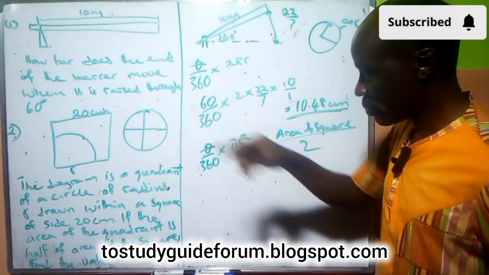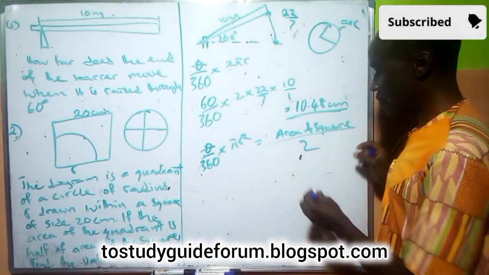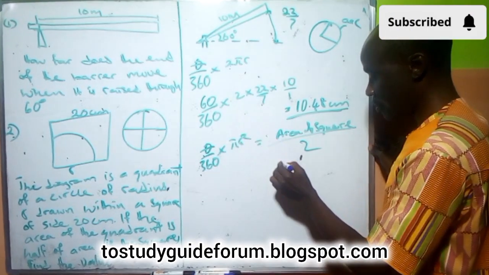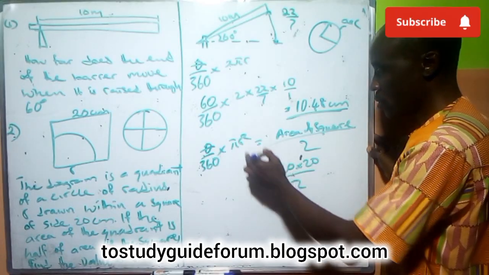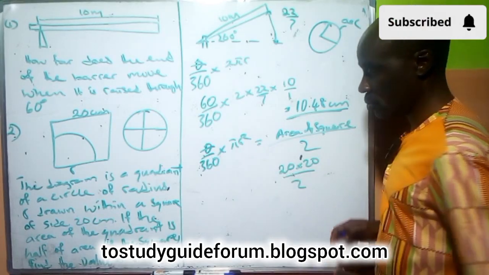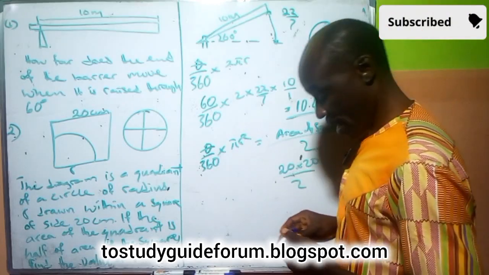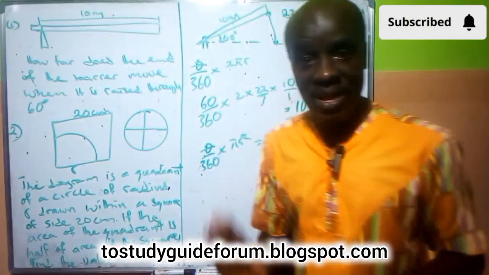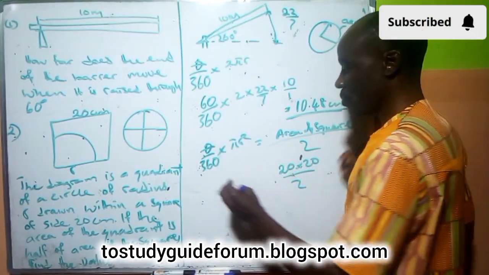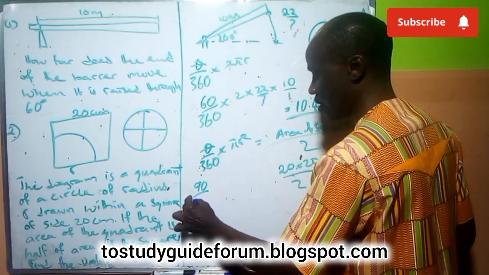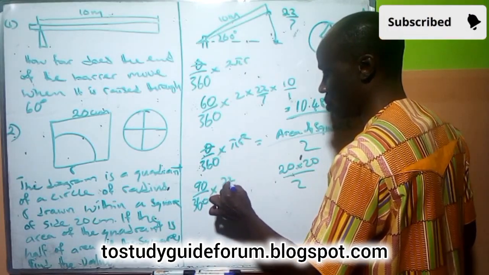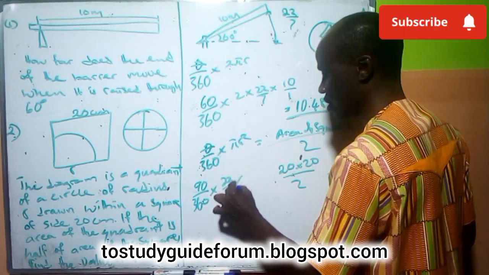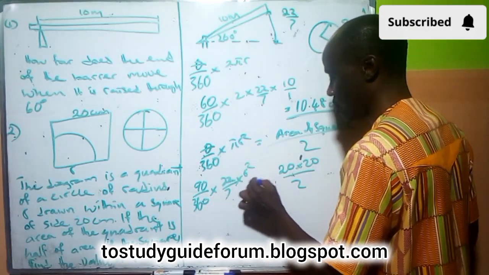So the area of the square will then be 20 times 20 over 2. The radius is what we don't know here, but we have the angle. Like I told you, the angle there is 90 degrees. So we have 90 over 360 times 22 over 7 times r squared equals.